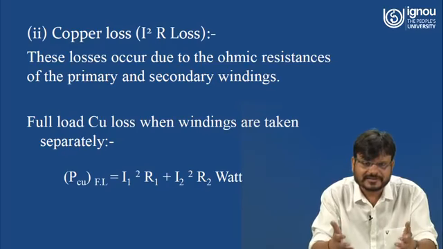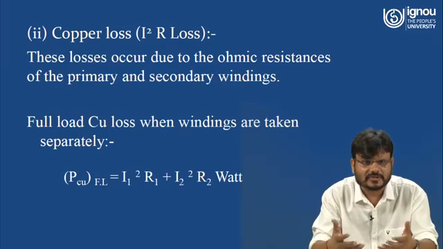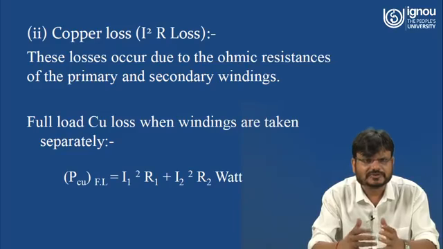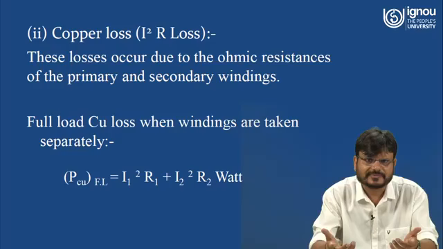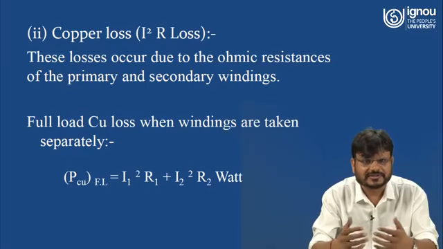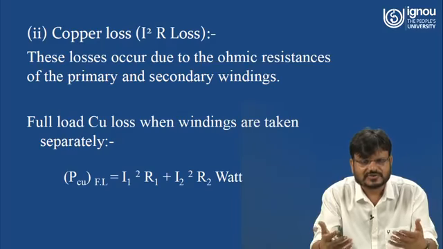If there is a winding, that means some material, it may be copper, it may be aluminum. Generally the winding of the core is made of copper, that's why it is called copper losses. If there is copper, it will have some resistance also. And if in any resistive wire a current is flowing, there will be some I square R losses.